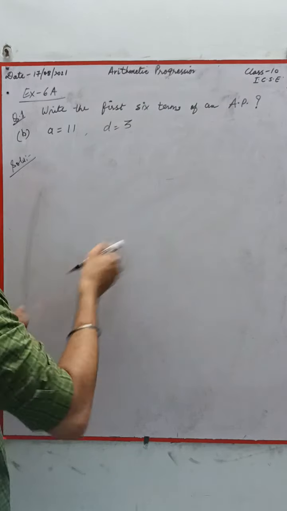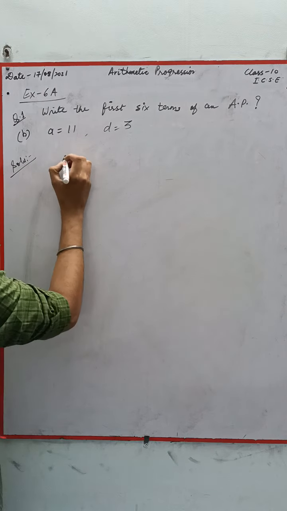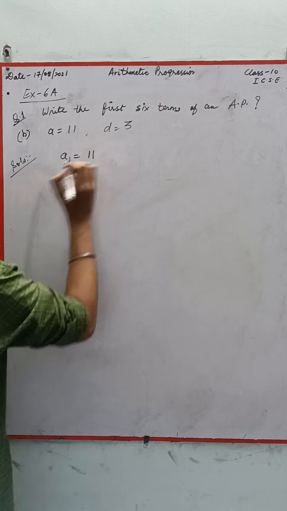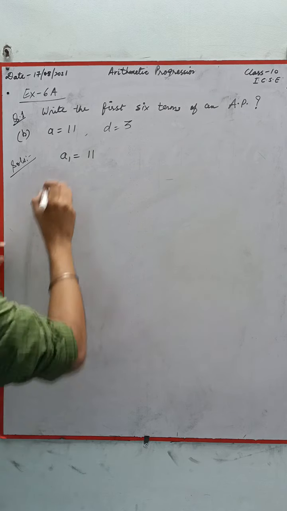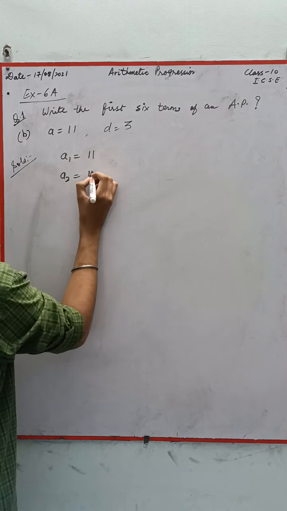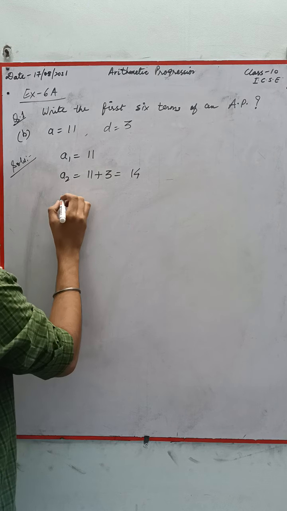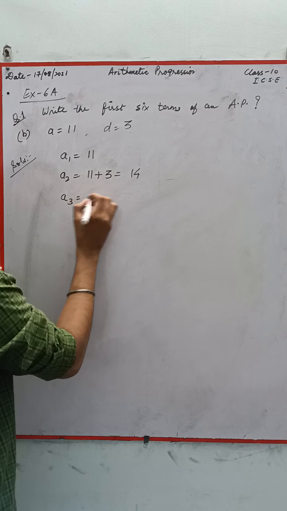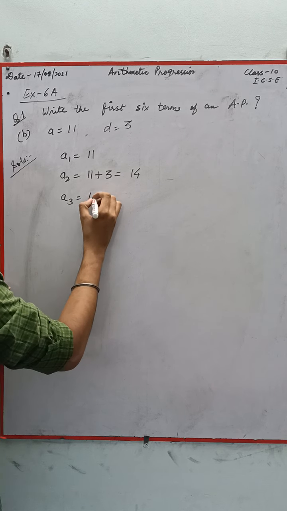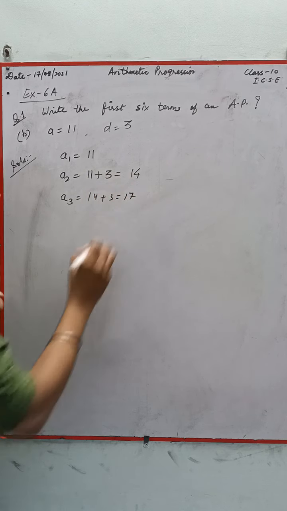So the first term is a, so we can write a1, which is 11. How will we find a2? This is 11 plus the common difference, which is 14. How will we find a3? This is 14 plus 3, which is 17.